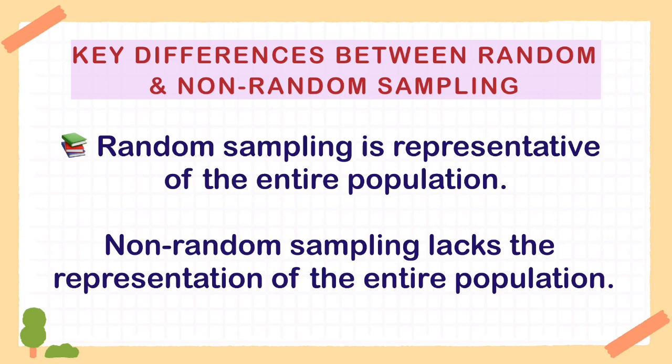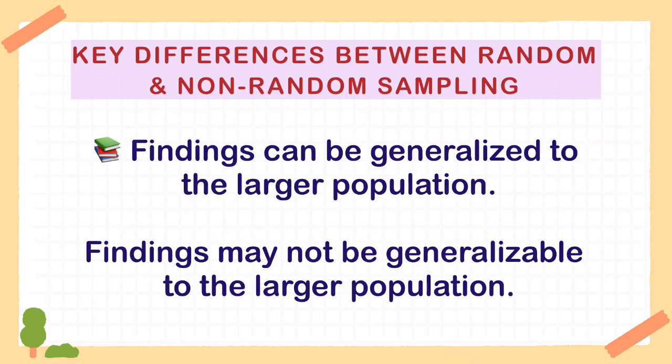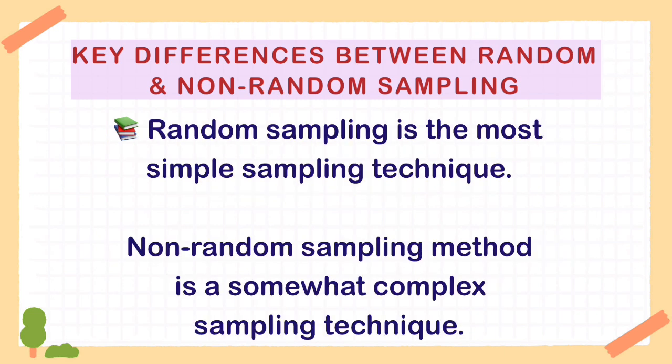Random sampling is representative of the entire population. Non-random sampling lacks the representation of the entire population. In case of random sampling, findings can be generalized to the larger population, whereas findings may not be generalized to the larger population when we are using non-random sampling method. Random sampling is the most simple sampling technique, but the technique of non-random sampling is somewhat complex.